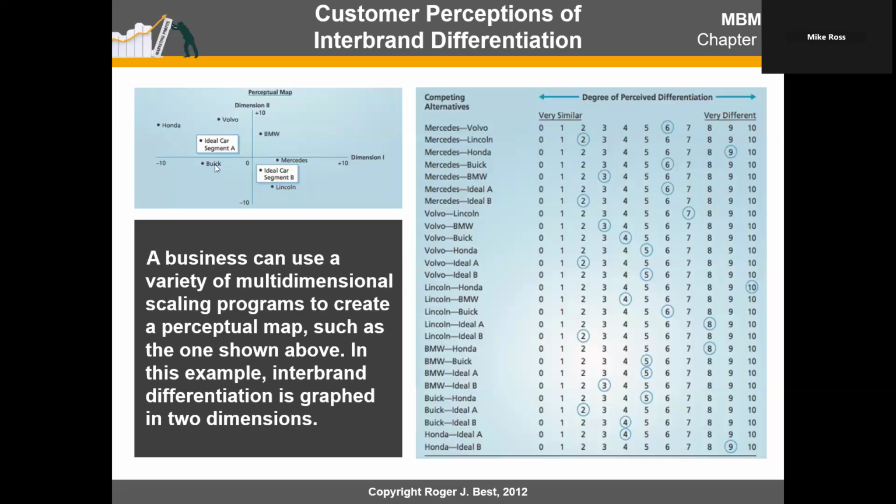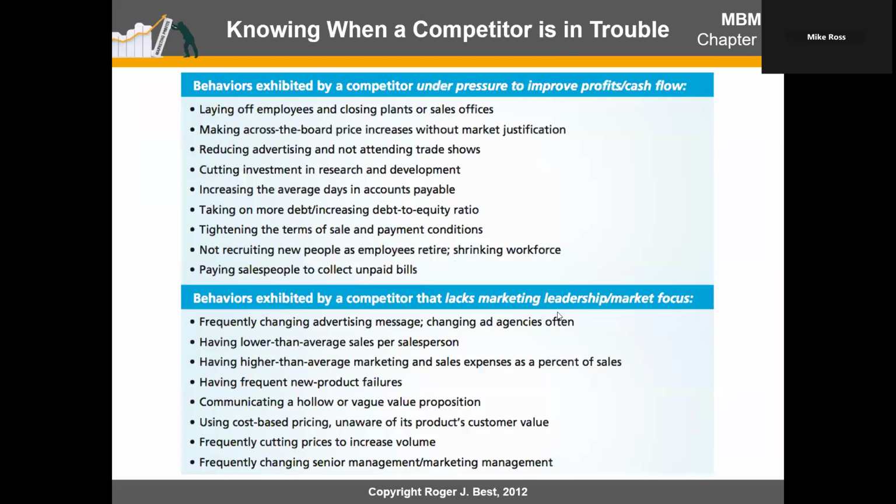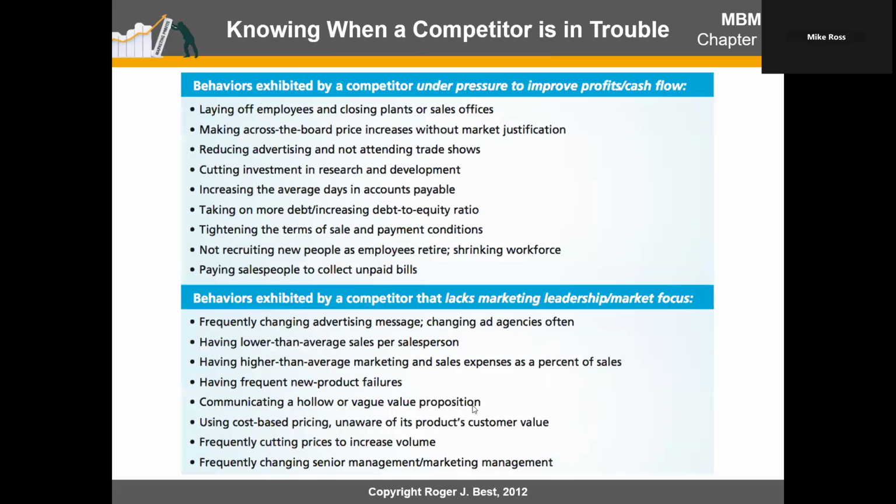And so if I only ask myself internally how different Honda is versus Lincoln, I'm probably not going to see this dramatic difference. So when I'm looking for sources of competitive advantage, I have to not only look internally, but also look externally to my customers and my competitors to have that objective perspective.